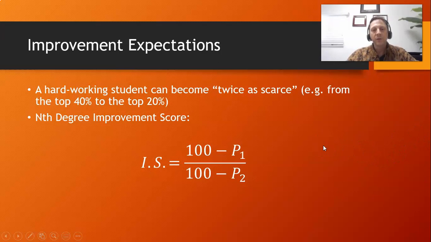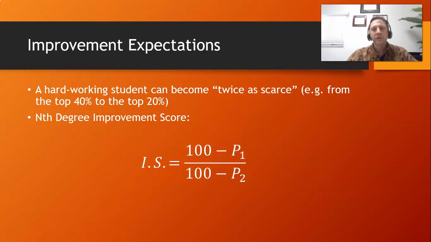And the improvement score basically measures how scarce you are and how much more scarce you become after you finish your test prep. And what do I mean by scarce? For example, a hardworking student in this course can become twice as scarce as at the beginning of the course.